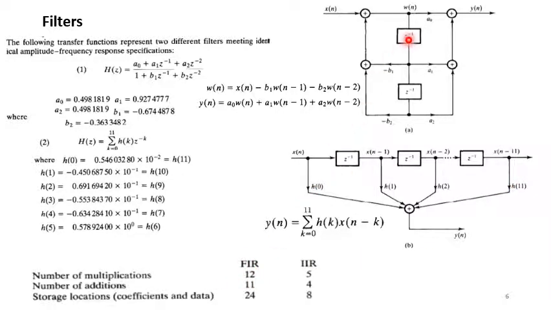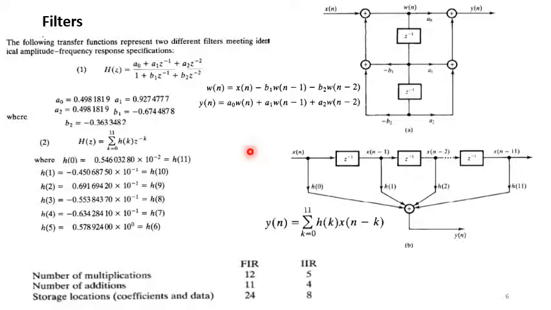Now if we look at the IIR system, we have one multiplication here, one here, 2, this one 3, this is 4, and this is 5. So this requires 5 multiplications. In the question you're told that both filters meet identical amplitude frequency responses. That means you can implement either of the two.